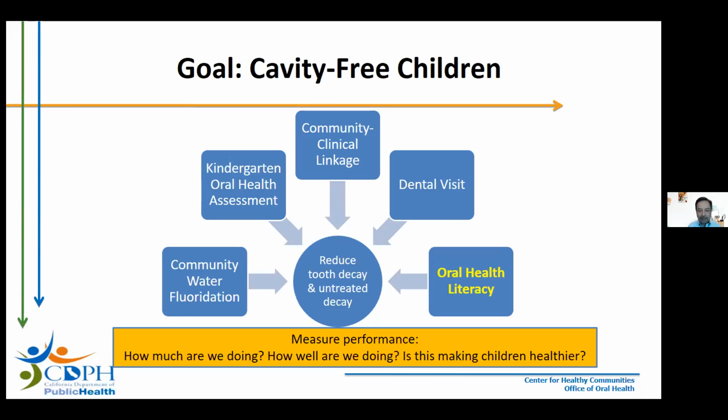And then we're increasing dental visits, and finally oral health literacy. So all these efforts are geared towards reducing tooth decay. The way we measure it is through kindergarten oral health assessment and a statewide survey of 3rd grade children. So that's how we measure prevalence of tooth decay, untreated tooth decay, and sealant prevalence.